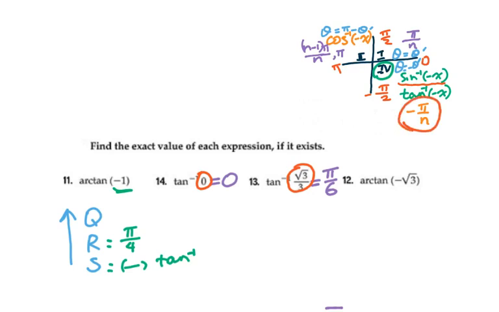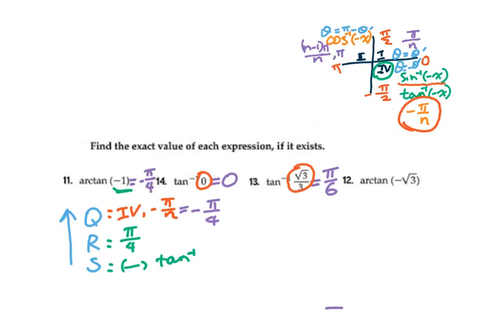Negative pi over n pattern. So I go to the fourth quadrant. Negative pi over n, that's the pattern for the solution. So we got negative pi over 4.